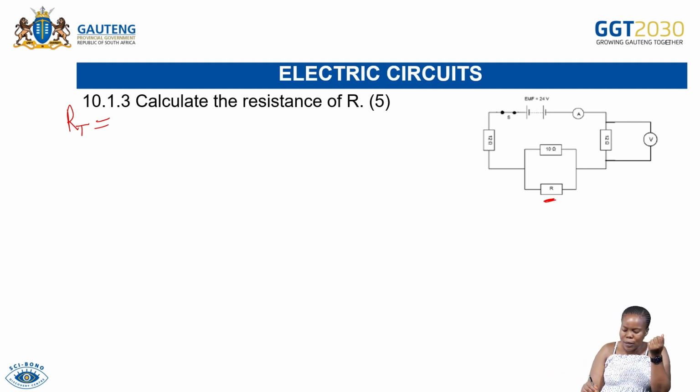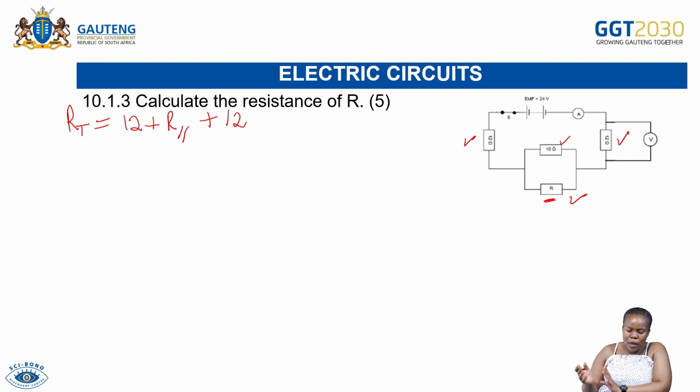So RT equals this resistance, which is 12 ohms, plus these two, but they are connected in parallel, so plus R parallel. And then we have this one over here, plus 12, because it is given to be 12.